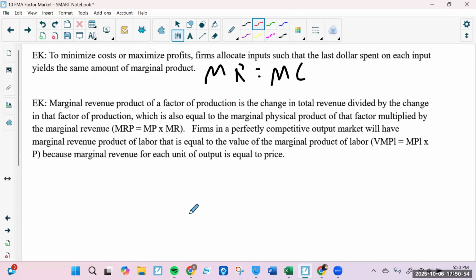I have to show this to you because this shows up in the AP exam. You're probably not going to see this at all in Georgia Virtual tests that are coming up, but this does show up on the AP exam in a very, very, very blue moon. But the bottom line is the value of the marginal product of labor is what you're selling it for.